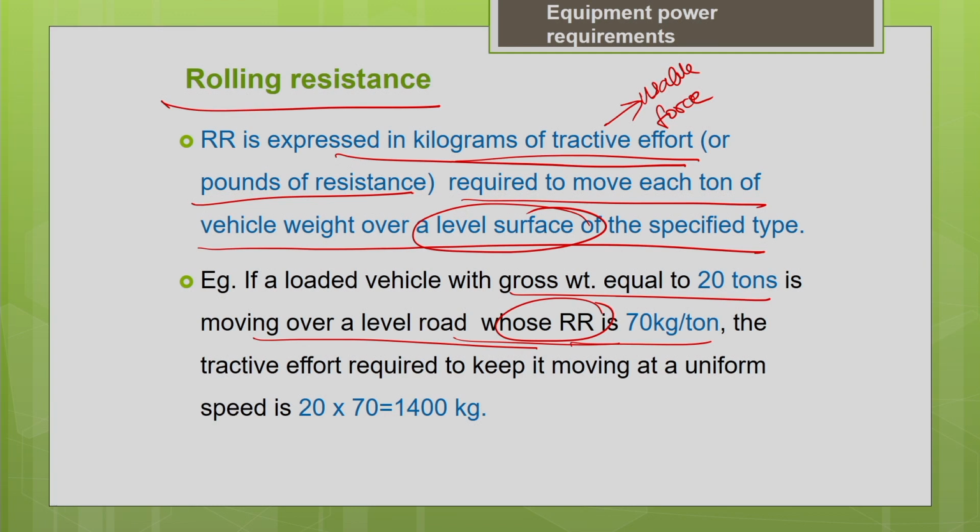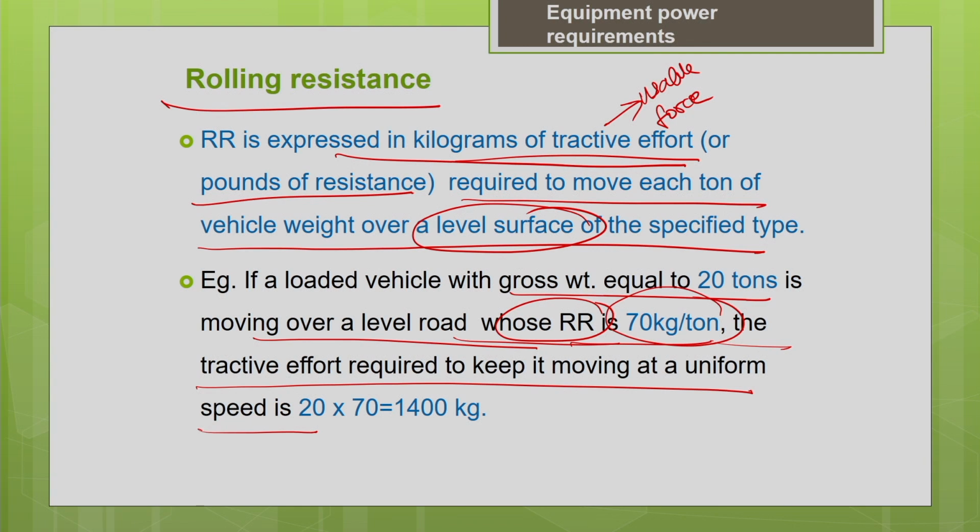So, I have given it directly here for this particular problem. Say the rolling resistance for this haul route is given as 70 kg per ton. That means you need 70 kg of force, 70 kg of tractive effort, to move a unit ton of your machine. Now, you need to find the tractive effort required to keep it moving at a uniform speed.